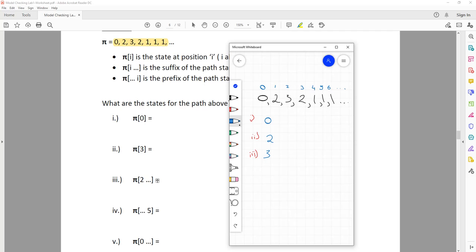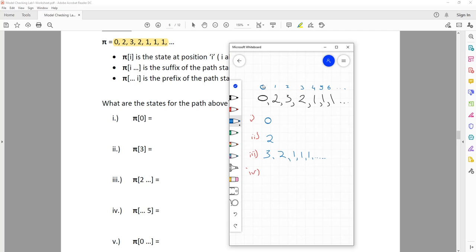So it's 3, 2, 1, 1, 1, dot dot dot forever. So that is what this is. Suffix basically means everything at the end, from index 2. Prefix means everything before the index. As in the next question, we have dot dot dot 5, so it's the prefix up to index 5.